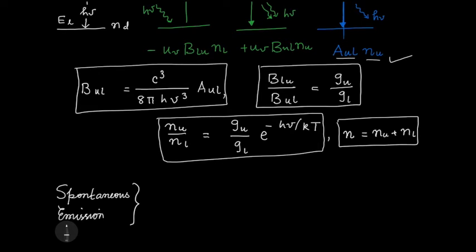What this term gives me is the number density of atoms in the upper level, and this is a 1 by time dimension. Remember that the left hand side is how the number density in the upper level changes.